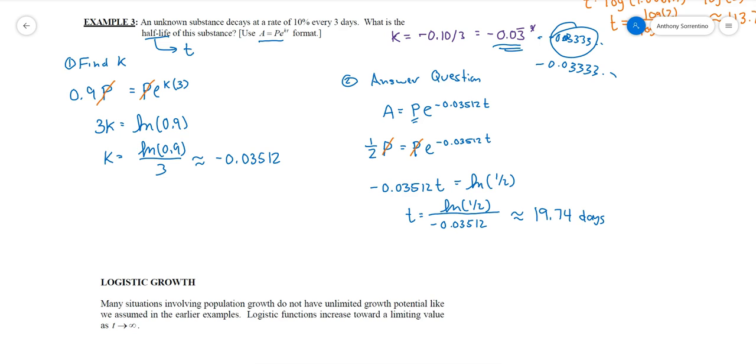And so every 19.74 days, this amount of substance becomes half the amount it was 3 days ago.